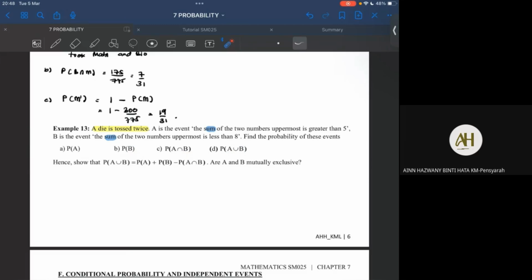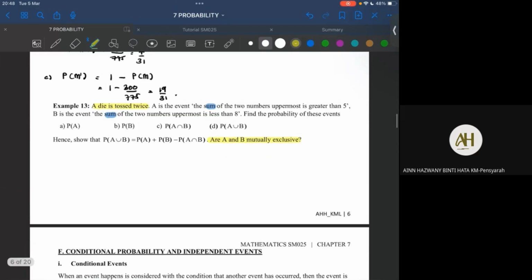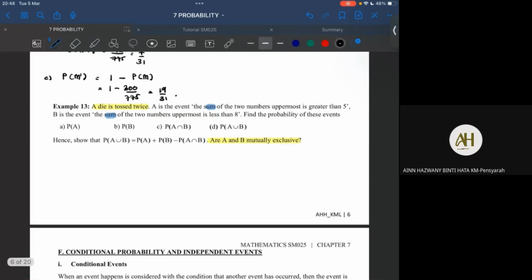The question asks, are A and B mutually exclusive? Example, I give the answers directly: 13 over 18, 7 over 12, 11 over 36. Here is 1. So we find P(A union B).